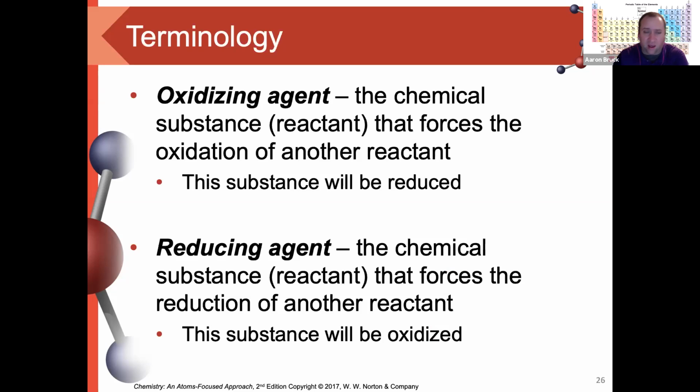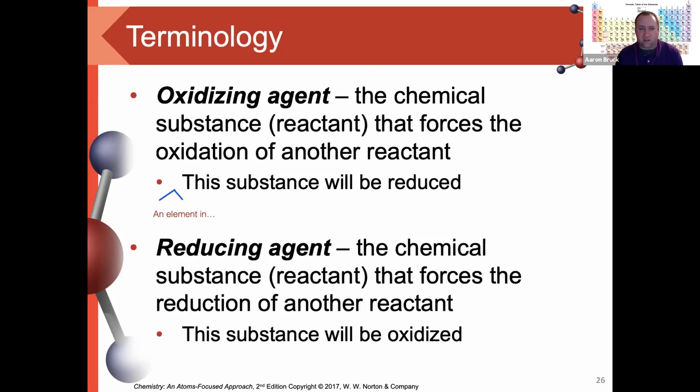And like I said, I would change the wording here to say an element in this substance will be reduced. Because again, the entire substance does not get reduced, but an individual element within it will.